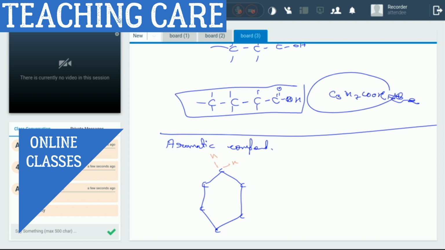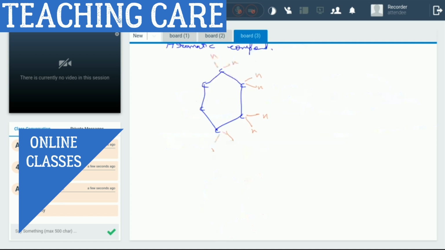Two, right? That's why the four valency is completed. This is the cycle structure, so it is known as cyclohexane. Why hexane? Because there are six carbons. That's why it is called cyclohexane.